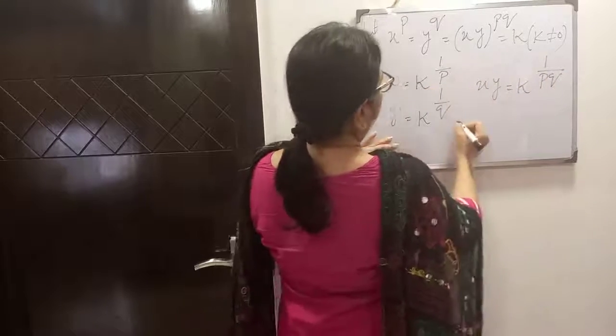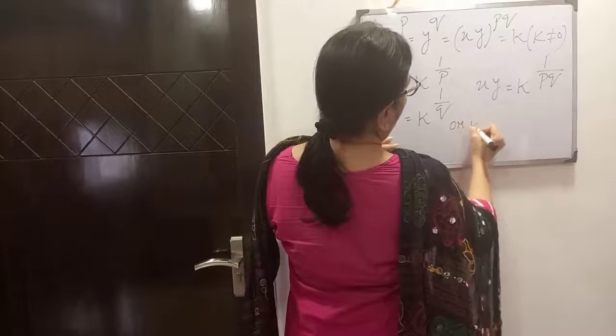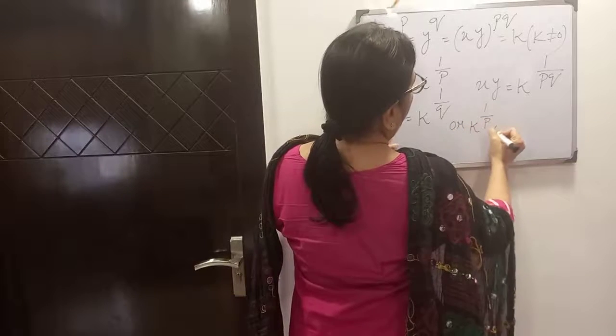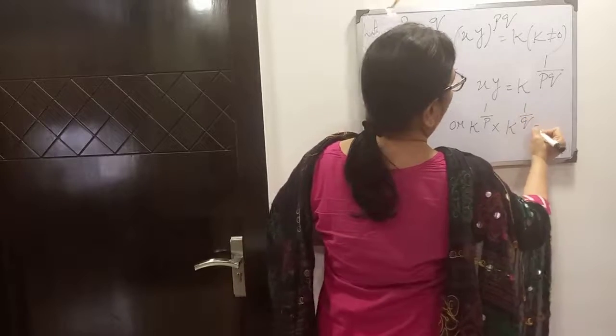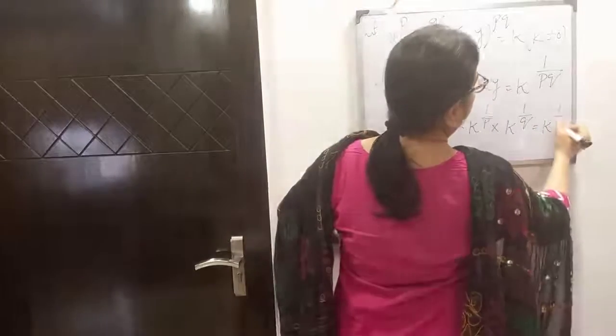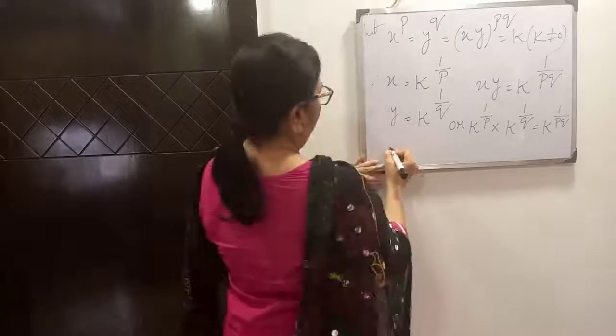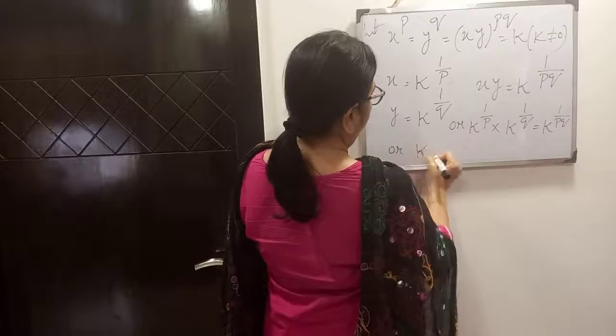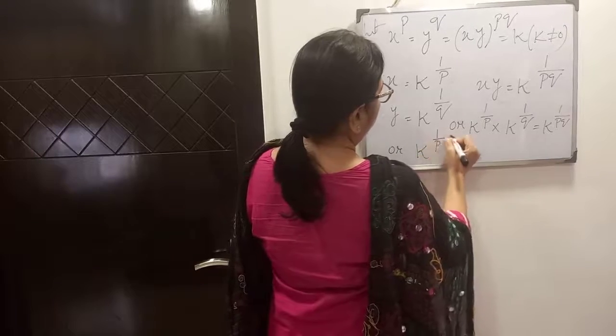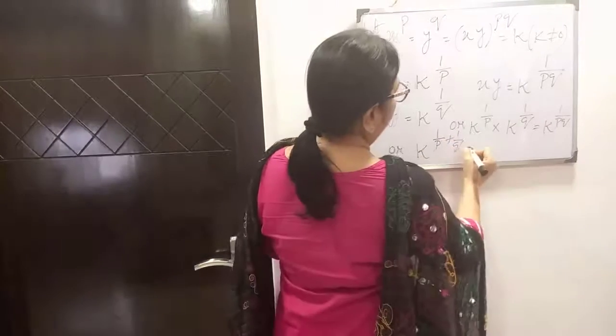Now x is k to the power 1 by p, y is k to the power 1 by q, and the right hand side is this. Clear? The base is the same, and powers will be added in case of multiplication. So we are doing that.